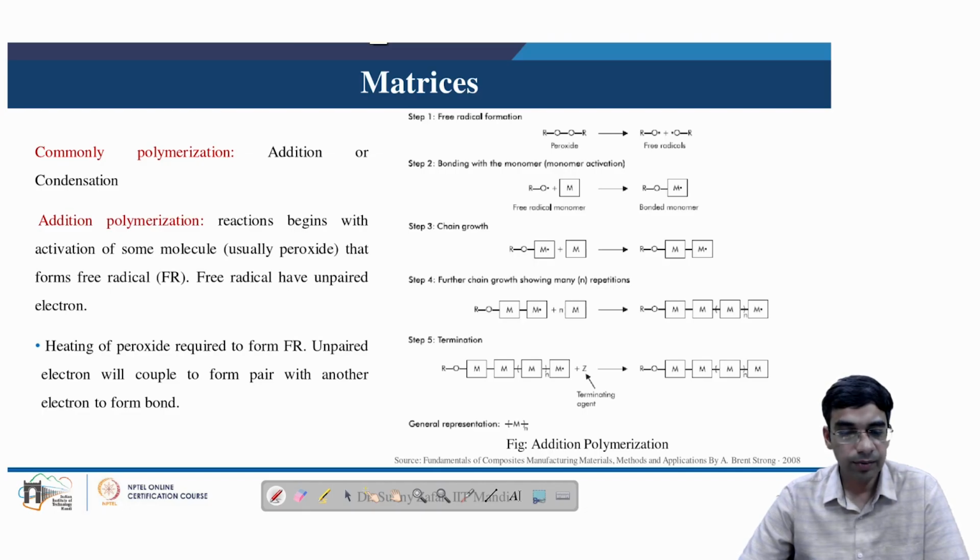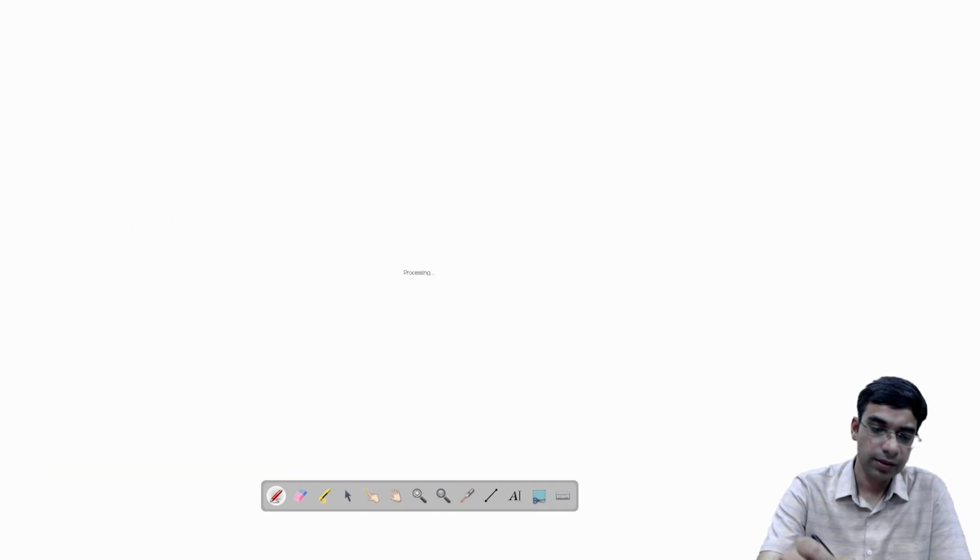In addition polymerization, the reaction begins with activation with some molecule, usually a peroxide, to form a free radical. Heating of the peroxide may be required to form this free radical, and an unpaired electron may couple to form another pair in the electron bond. In this case, generally byproducts are not produced.